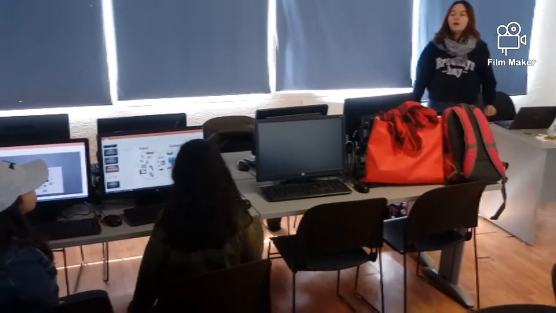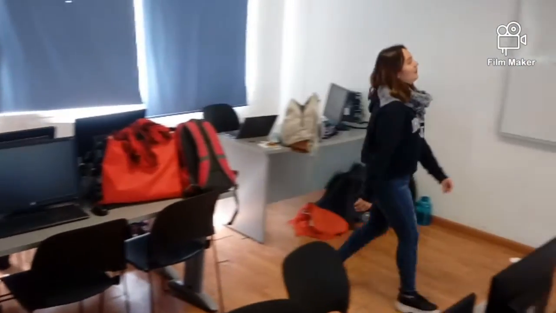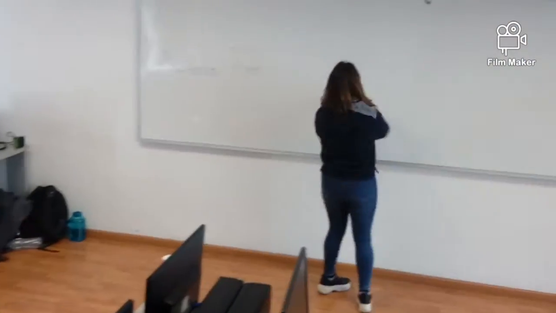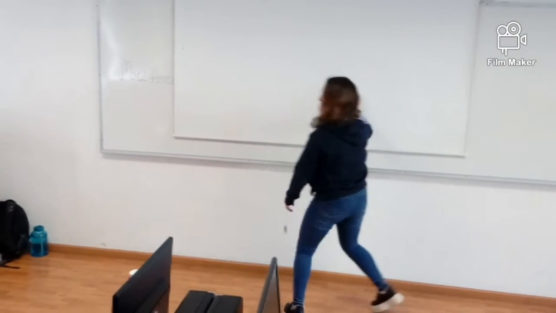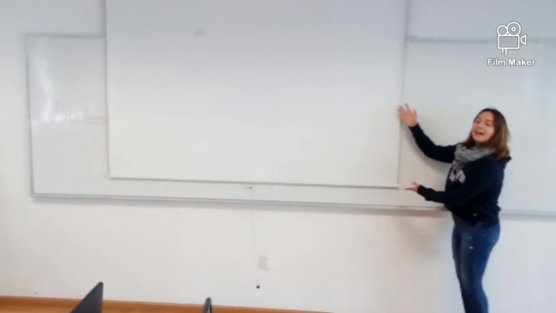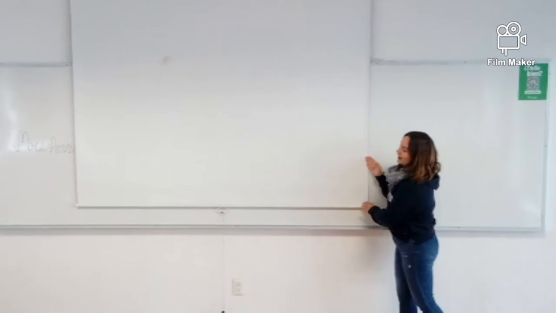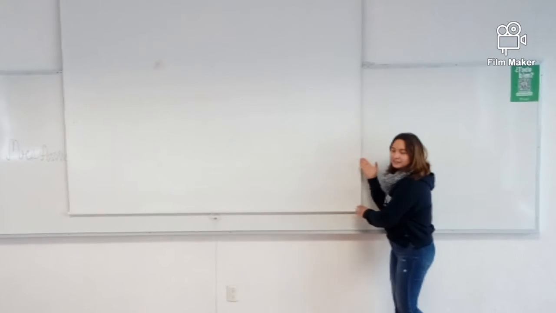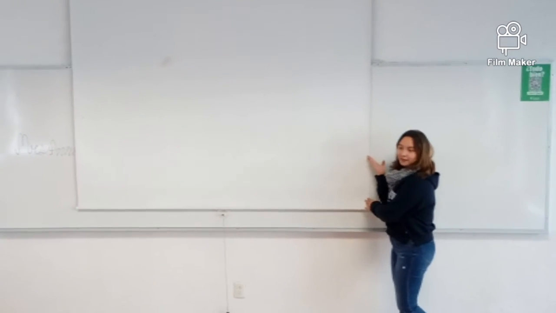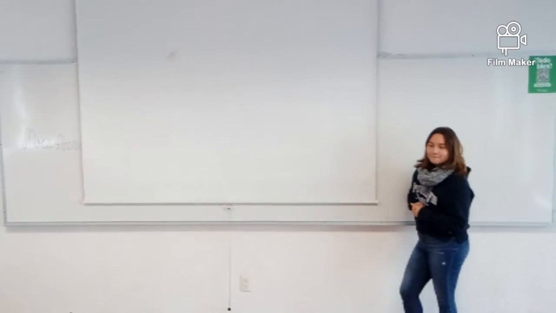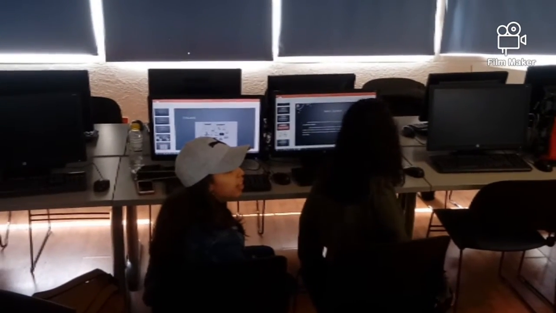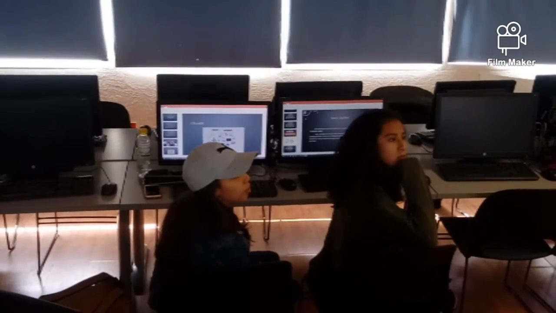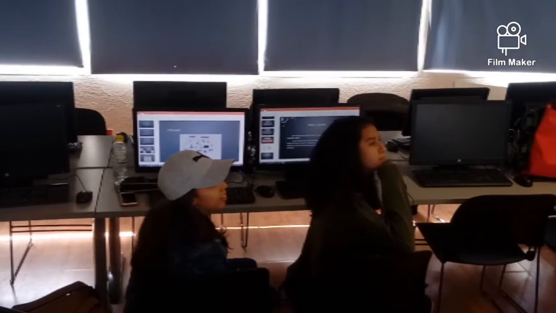So I'm going to show you an image. Can anybody tell me why this printer is a perfect example of an output? Because it is separated from the computer and needs to work with the computer.